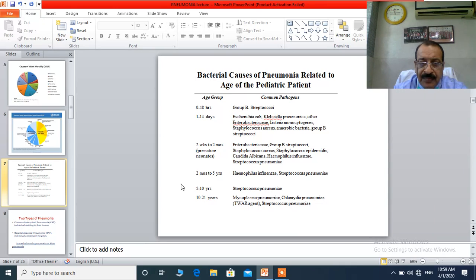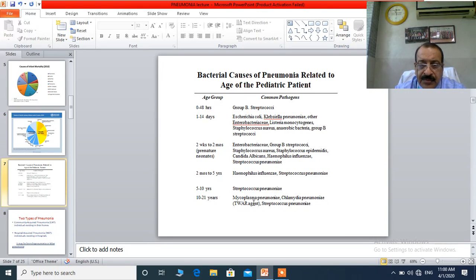After 5 years of age, Streptococcus pneumoniae is the important organism that causes pneumonia. Haemophilus infections are common before the age of 5 years, and subsequently Streptococcus pneumoniae is the commonest organism that causes pneumonia in the pediatric population.